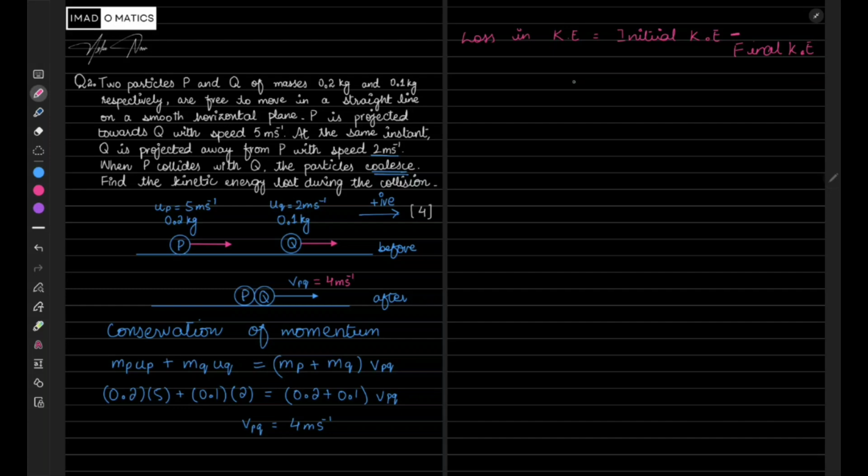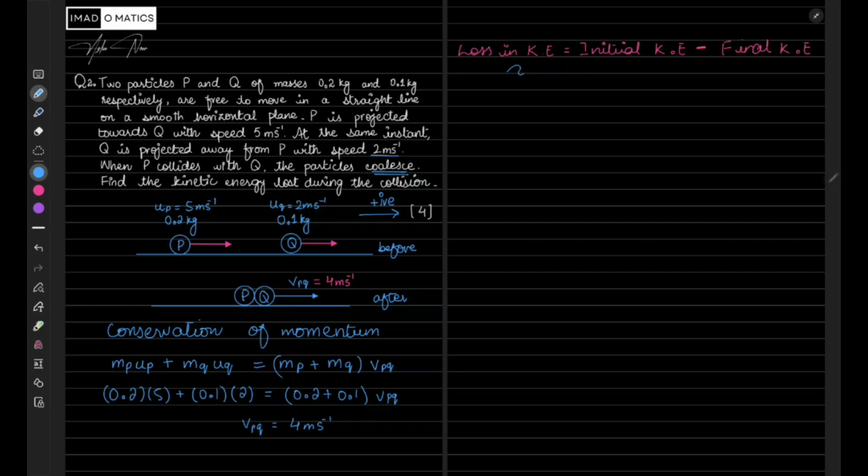Okay, and that will be, initial was half. Initial kinetic energy will be the sum of the two kinetic energies of two individual particles, and it is better if we just try and rearrange it in a single line. It seems more understandable.